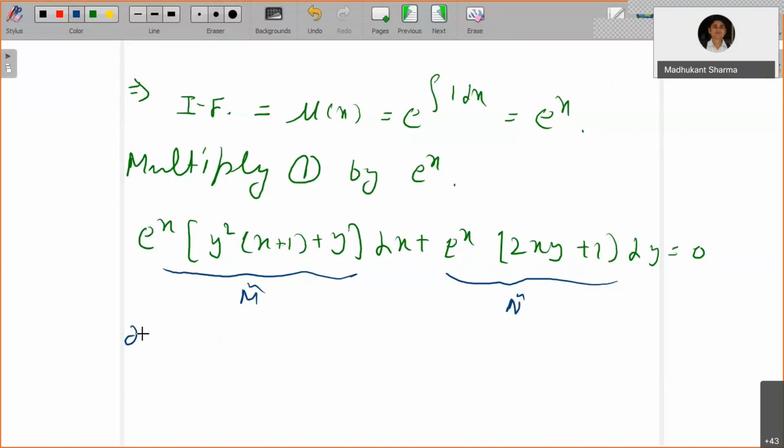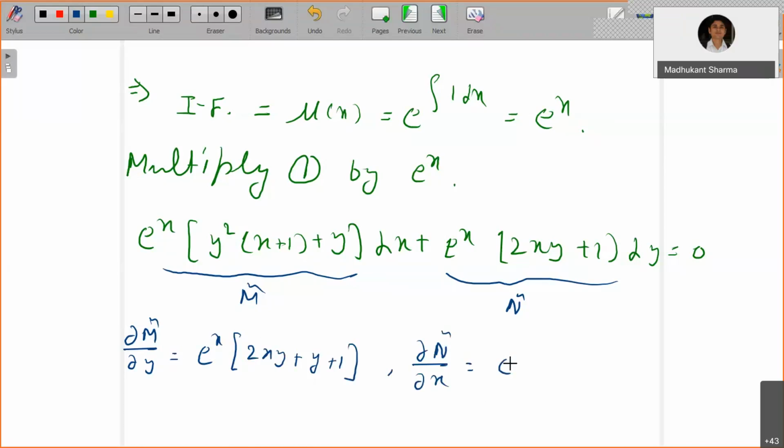So you can verify dou m tilde by dou y is equal to e to the power x times (2xy plus y plus 1). Okay, and what is dou n tilde by dou x?